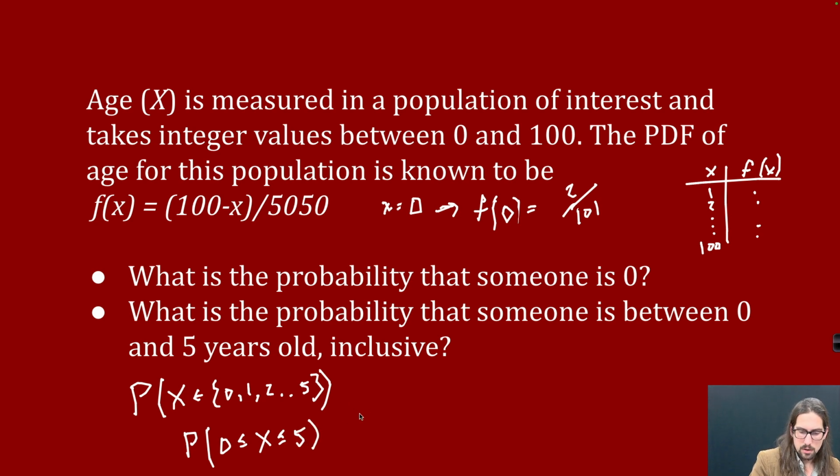So those things are equal, and we know that to calculate that, we just have to sum up starting at x equals 0 all the way up to 5.